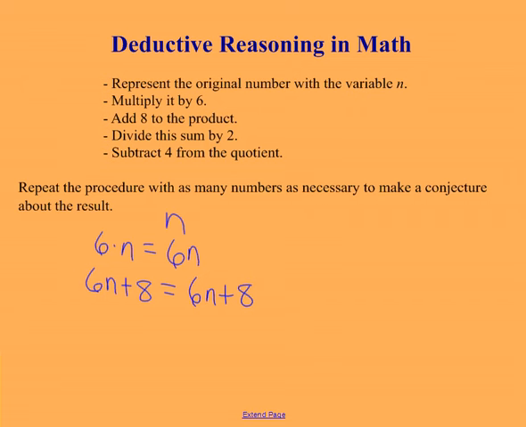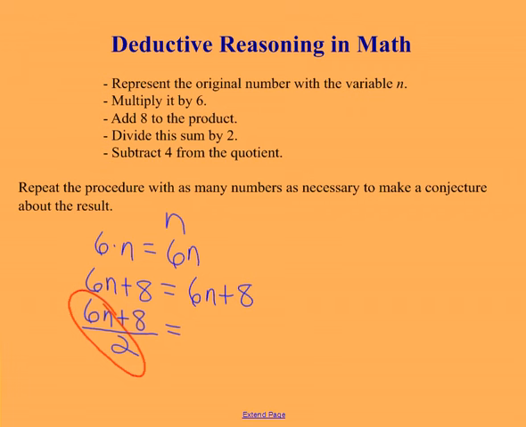Now, next step is divide this sum by 2. So 6n plus 8 divided by 2. We're dividing that sum, the whole thing, by 2. Using some algebra, you should remember that this 2 in the denominator applies to both terms in the numerator. So 6n divided by 2 gives us 3n.